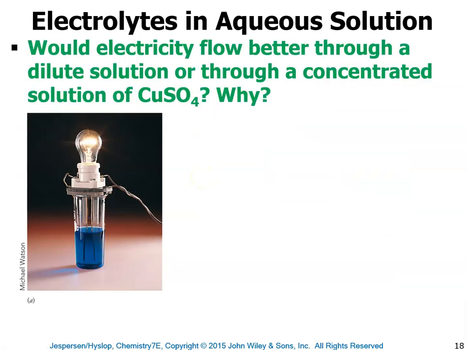Based off of what I just talked about, how this works, how electricity flows, would it flow better through a dilute solution of copper sulfate or through a more concentrated solution of copper sulfate? And why do you think that? Based off of your answer, what your hypothesis is, what is the reason? So post that on Blackboard and move to the next slides here.